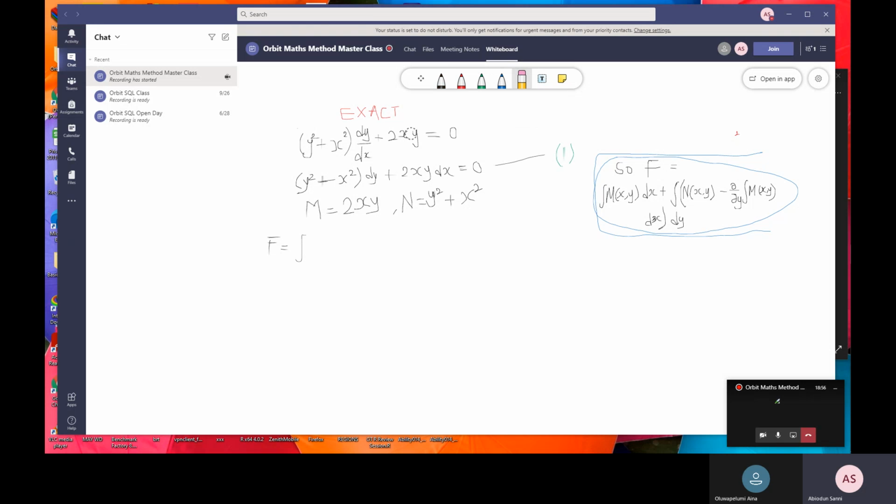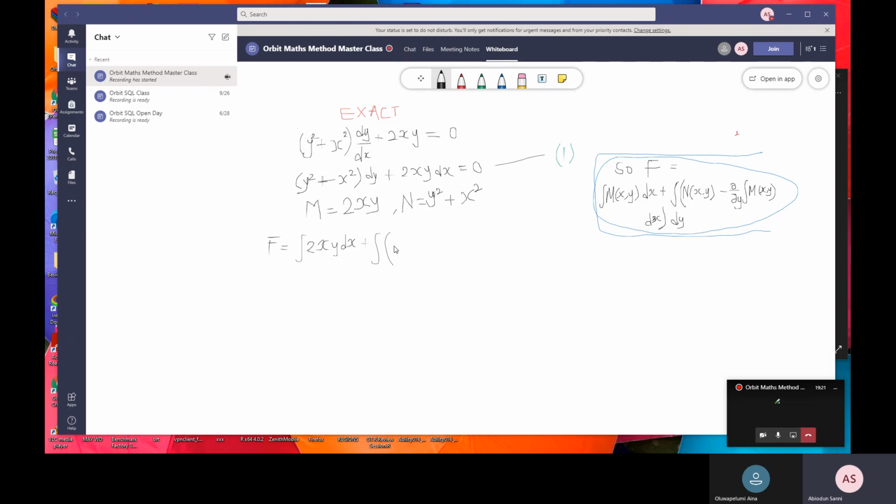So the integral of m dx, that's 2xy dx, plus the integral of, into bracket, n.